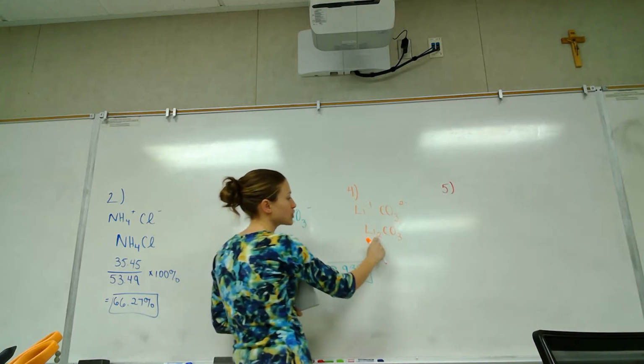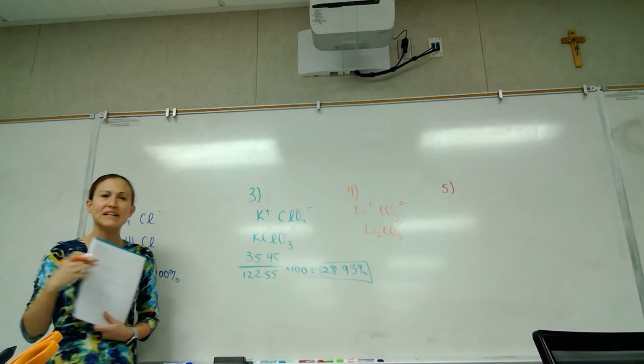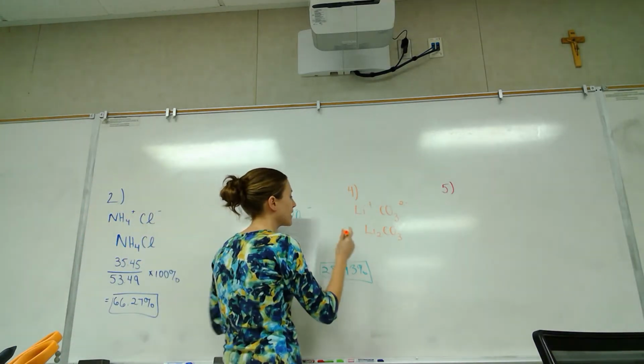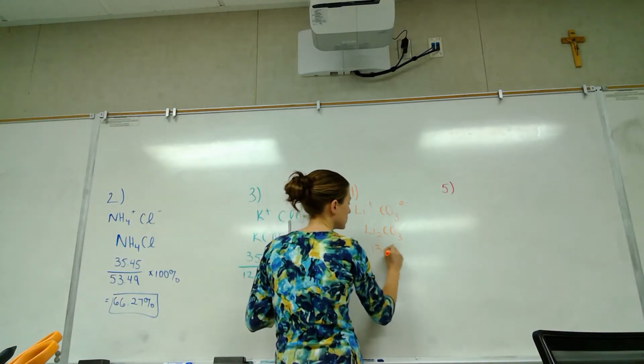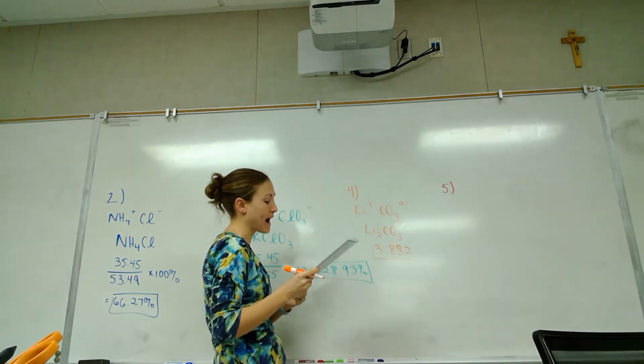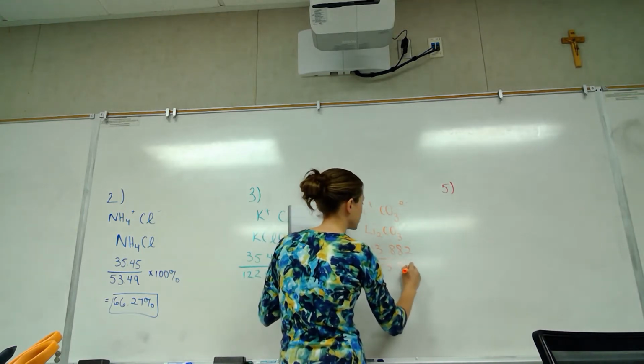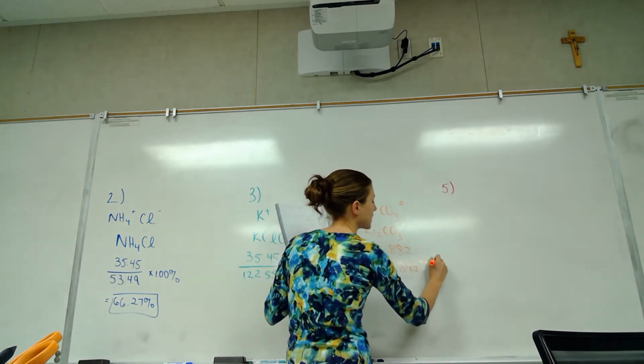Now, I've got 2 lithiums, so I've got to take the molar mass of lithium, multiply that by 2, and I got 13.882. I'm going to divide that by the total mass, which was 73.892, and multiply by 100%.